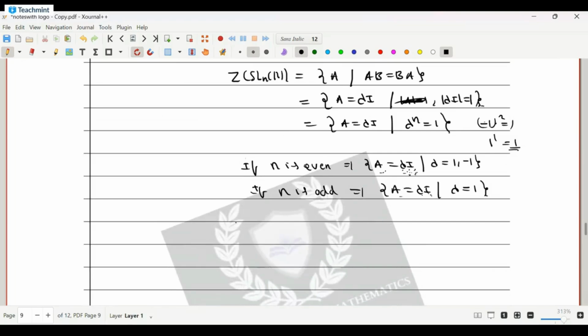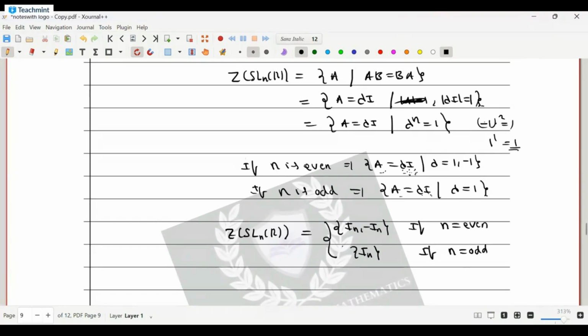So therefore the center of SLN of R is equal to what, sir? It is A equal to I and minus I if n is an even number, the order of the matrix, and a single term I if n is an odd number.